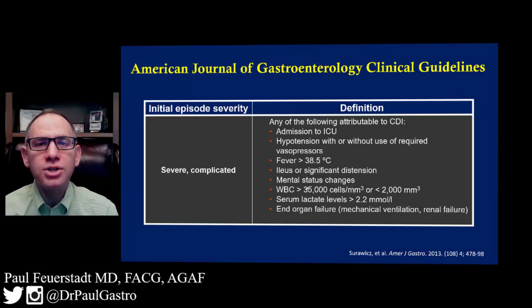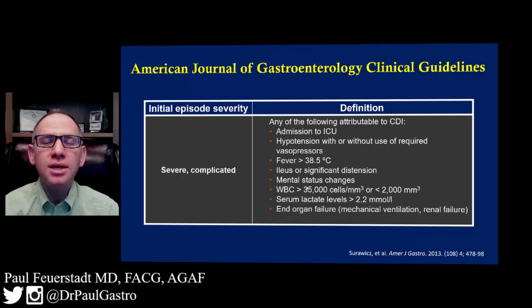Within that publication, they also classified the so-called severe complicated or the worst severity patients according to a number of other factors, including changes in mental status or confusion, end organ damage, which happens when patients become bacteremic or bacteria gets into their blood.